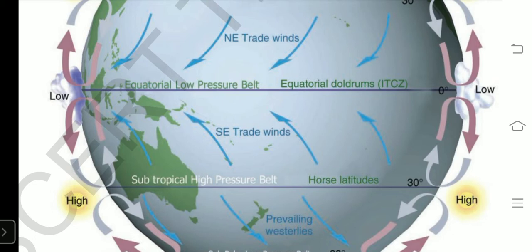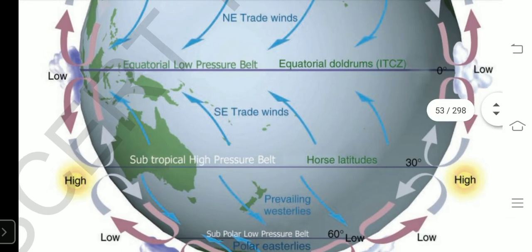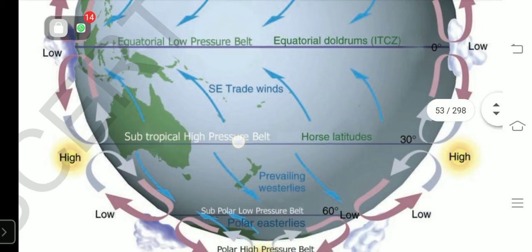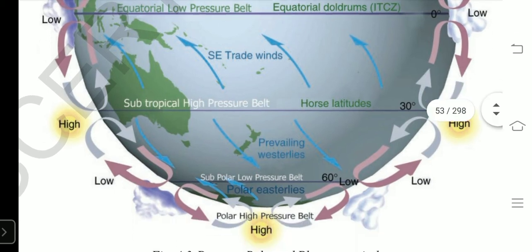Some particular reasons will influence the temperature of the local area, and they result in local winds. Here, local winds are called by different names in different areas.